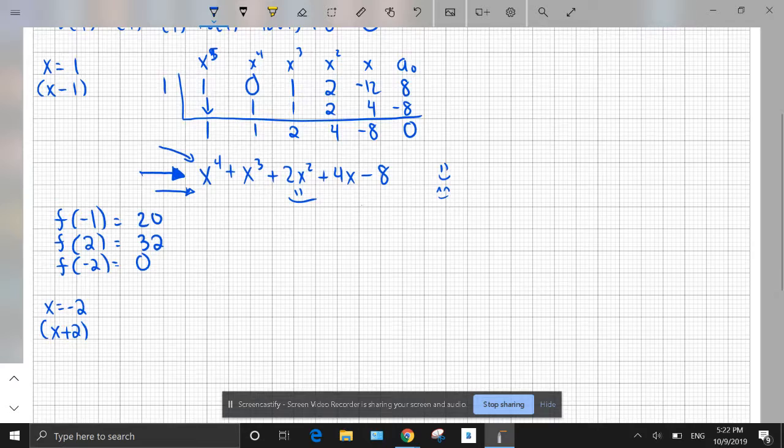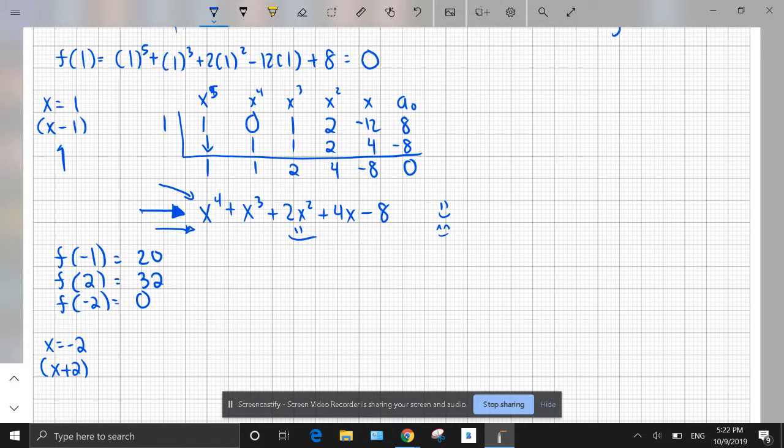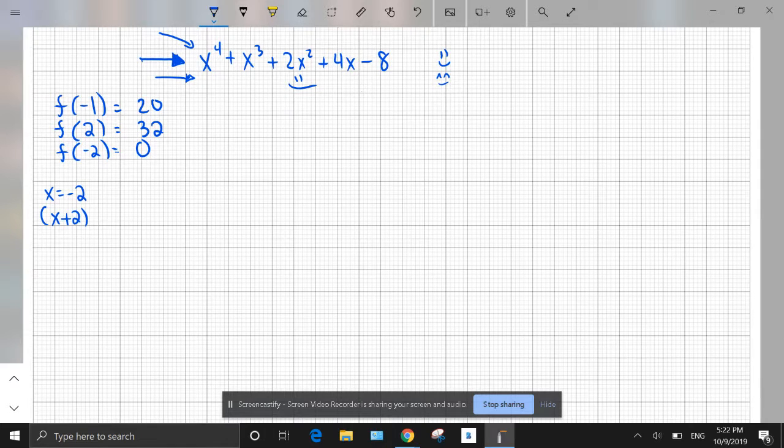So now we have two factors. We have x minus 1, and then we have x plus 2. Let's go ahead and use synthetic division, so negative 2. I'm looking at this polynomial, so we have x to the 4th, x cubed, x squared, x, and then our number.